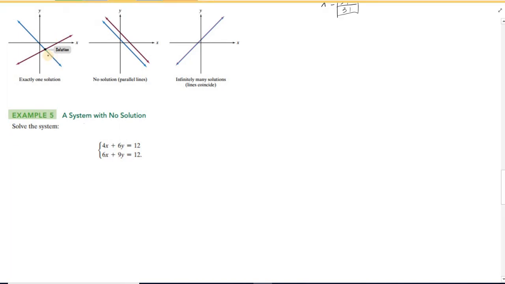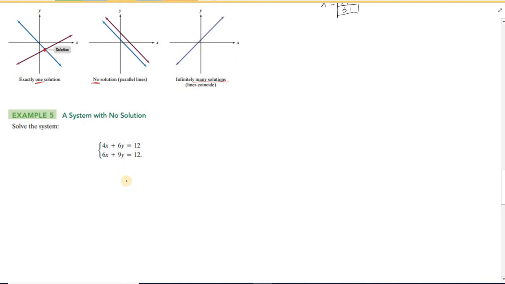If they're parallel, which means they never meet, there's no solution. And then here we have overlapping, that means there are many solutions because they're overlapping.